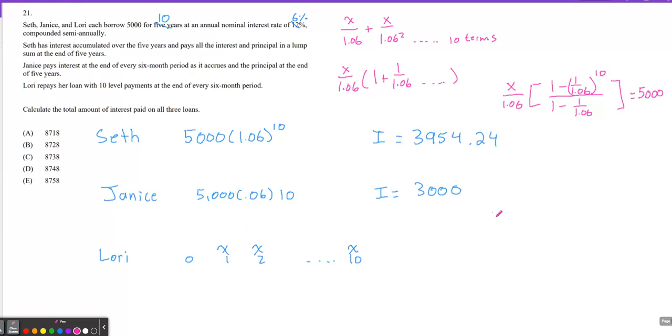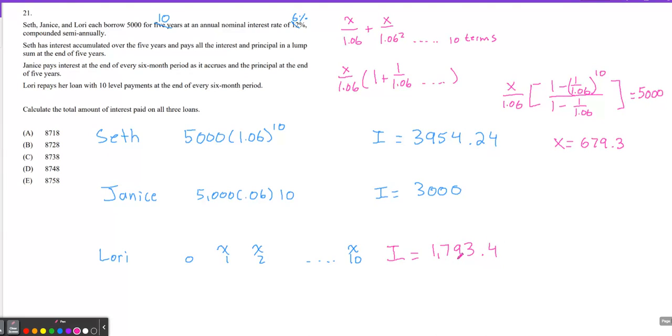So when we solve for x, we get x is equal to 679.3. And great, we can now say that the total payment we multiply by 10, okay? So subtracted from 5,000, the amount of interest she gets is 1,793.